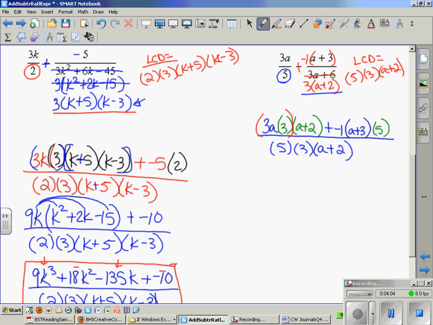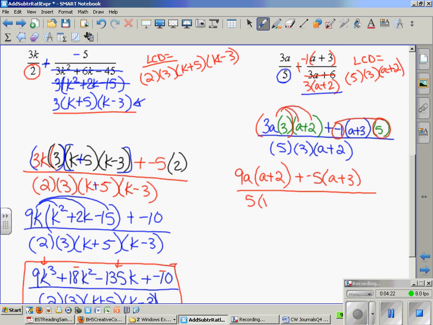Now again, a little bit of algebra. It's easiest to multiply these two and then distribute. And the same thing, it's easier to multiply these two and then distribute. So I'm going to have 9a times a plus 2 plus negative 5 times a plus 3. That's all over 5 times 3 times a plus 2.